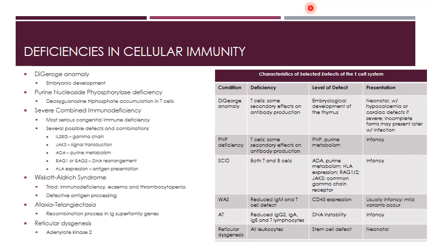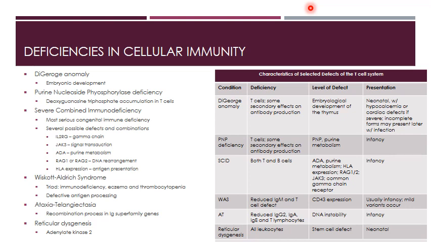So we had Omenn's syndrome and the bare lymphocyte syndrome. Both of these were identified before a possible cause of them was identified. So these are RAG1 and/or RAG2 deficiencies. If the cell cannot produce their immunoglobulin or their T cell receptor, then antigen presentation isn't going to take place.